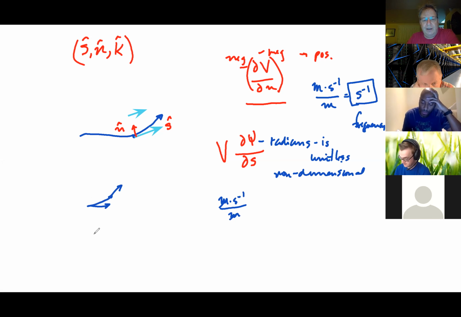Now, if I went from here to here and I did the same change in the angle, that's a longer S that makes it less curved. But what else makes it curve more depends on how fast I'm traveling through it. If I'm going really slow, that's very little curvature. If I'm going really fast, I'm curving a lot. So curvature is V d psi ds.